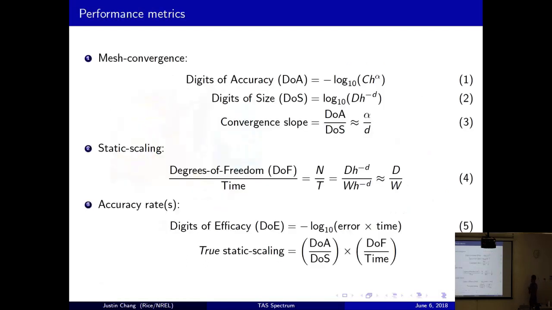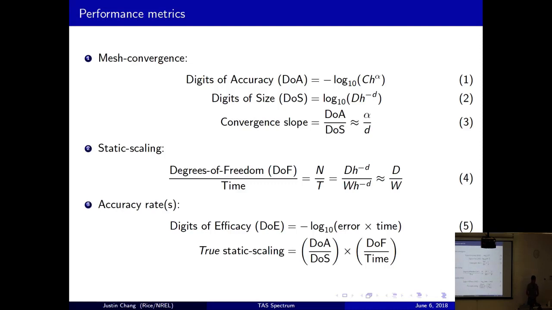So here are the performance metrics needed. For mesh convergence, we have this notion of digits of accuracy, digits of size, and some convergence slope. These digits of whatever, we essentially take the log of the quantities. For digits of accuracy, we're taking the negative logarithm of the L2 error norm. Digits of size, we're taking the log of n.